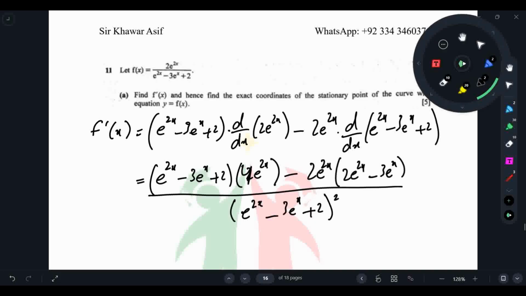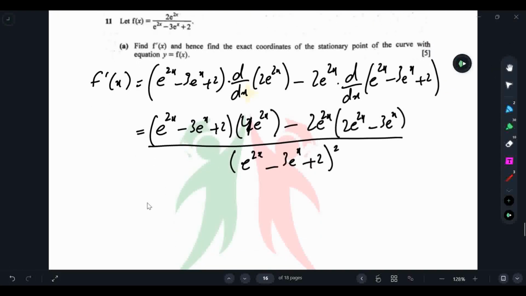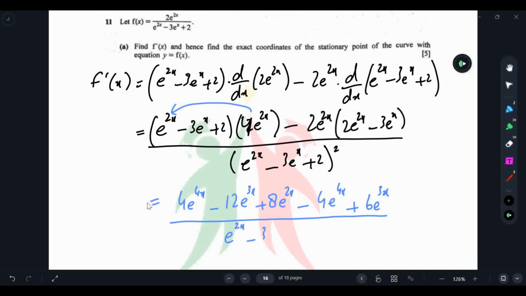Now if we simplify it further to find the exact value of dy by dx, multiplying 4e power 2x, we will get 4e power 4x minus 12e power 3x plus 8e power 2x minus 4e power 4x plus 6e power 3x, whole divided by e power 2x minus 3e power x plus 2, whole squared. So f dash of x is equal to this.